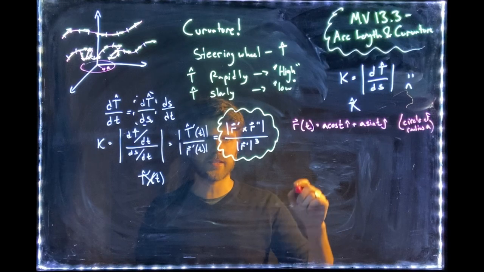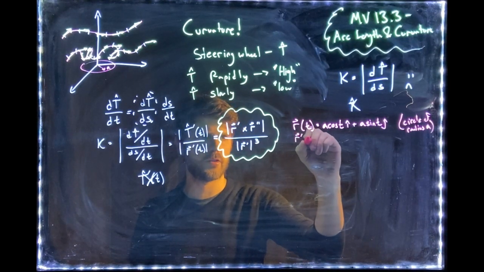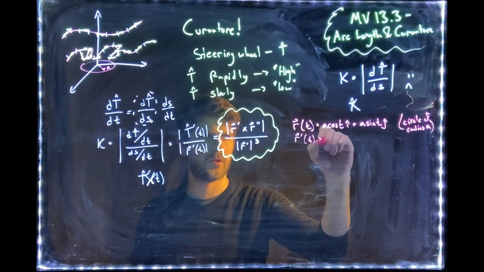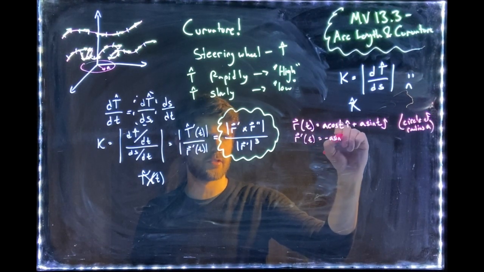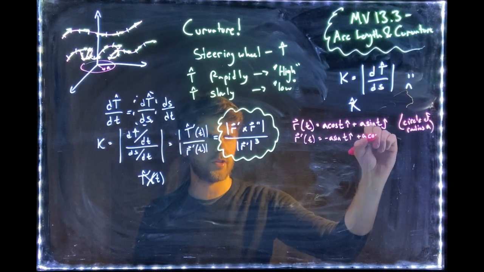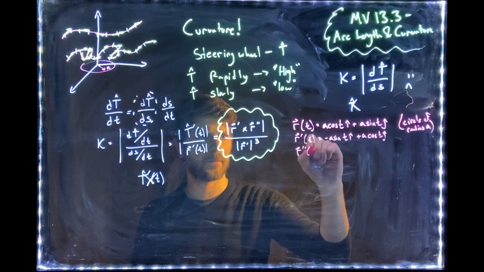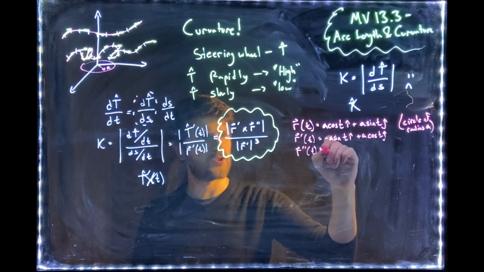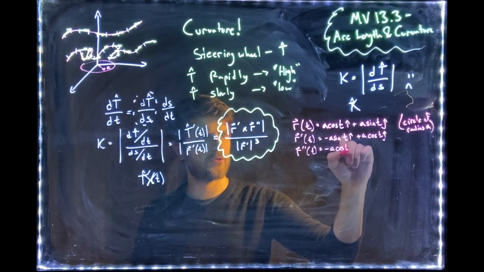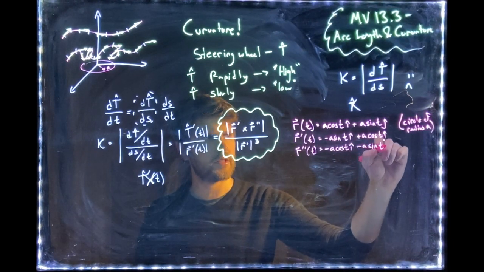And then our goal is to find the curvature here. So let's go ahead and take some derivatives. We'll go ahead and find r prime. Not too hard. Negative a sine t i hat plus a cosine t j hat. We'll go ahead and find r double prime, which is negative a cosine t i hat minus a sine t j hat.